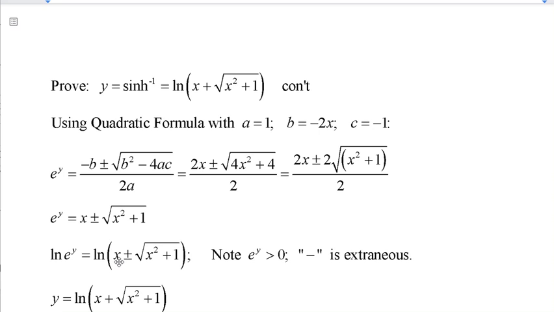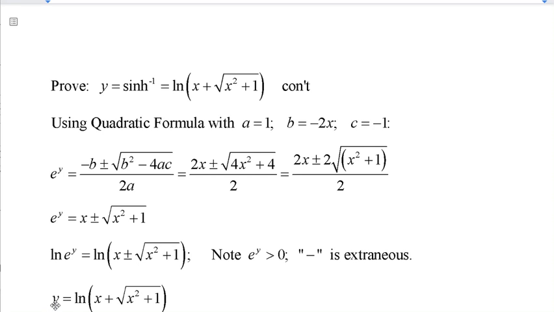So x is smaller than the square root of x squared plus 1. And if we do x minus the square root of x squared plus 1, but x is smaller than this, we get something negative. A natural log of a negative number is undefined, and therefore the negative is extraneous.